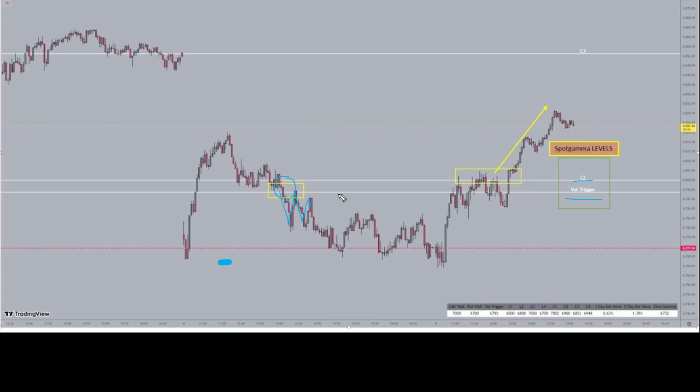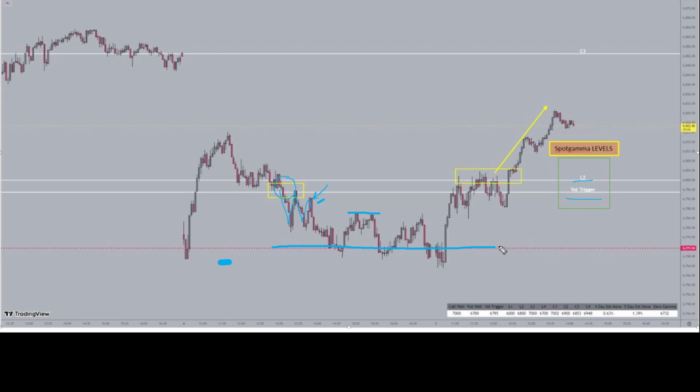Maybe you can try to take a short position here, or maybe at that level. When do you get out? At the close of the previous day. This is the close of the previous day.